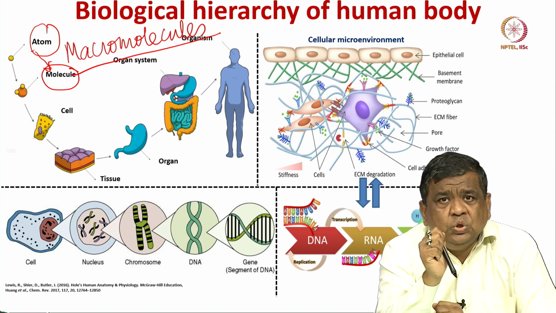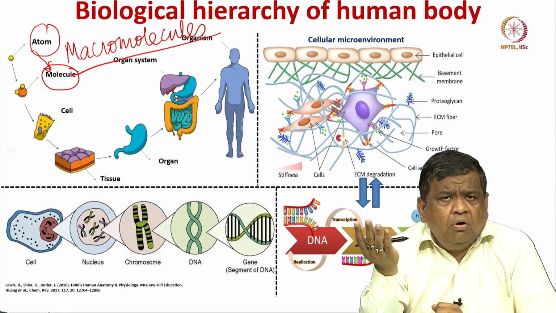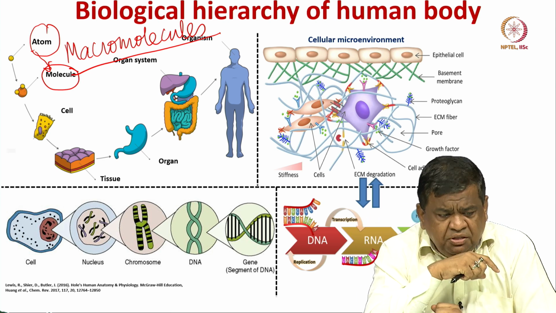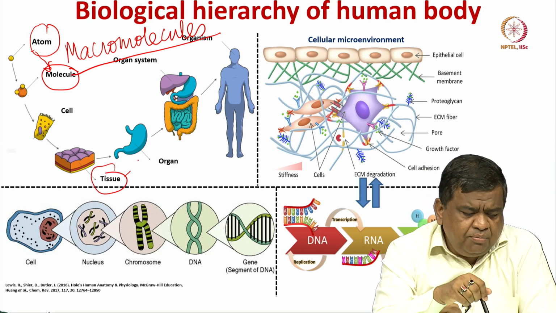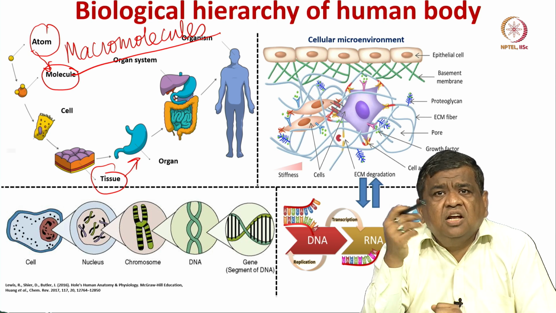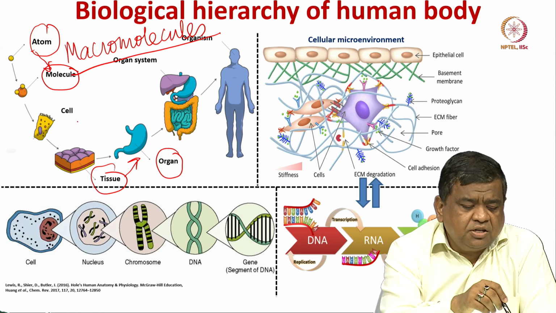Cells form tissues. Now, tissues can have very different structures, and I will show you how 4 or 5 different types of tissues are contained in the human system. Then from tissues it goes to organs. So, certain organs have specific physiological functions.